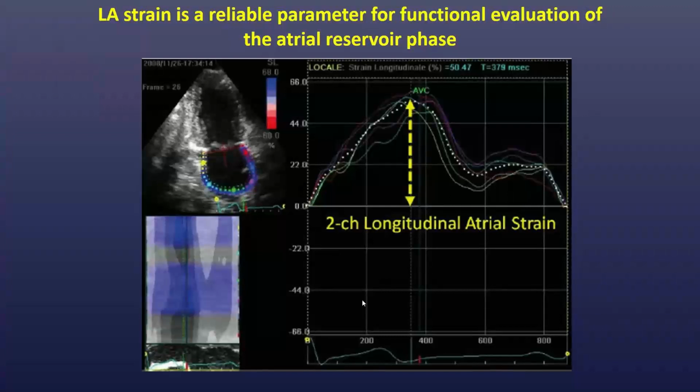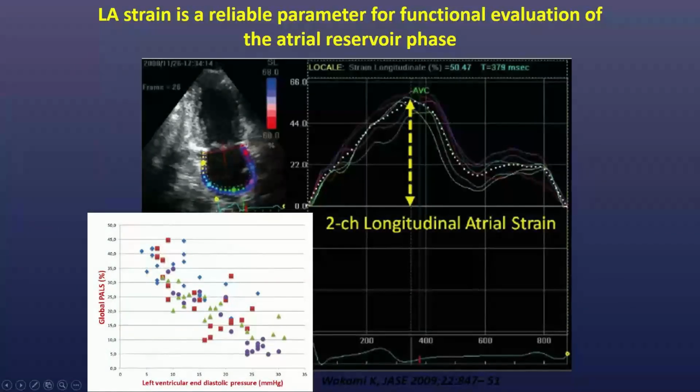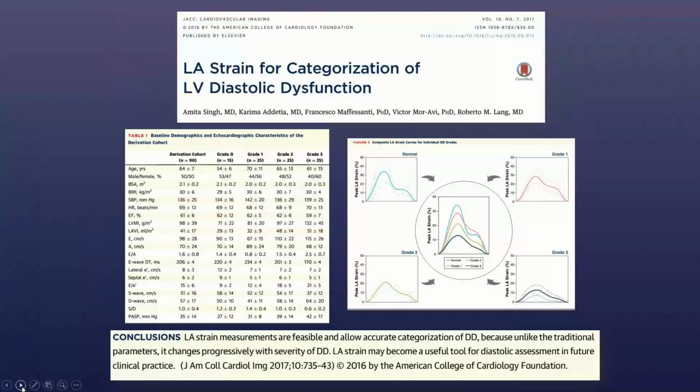This is the correlation that was shown in this study, but there are another couple of studies confirming the same principle.